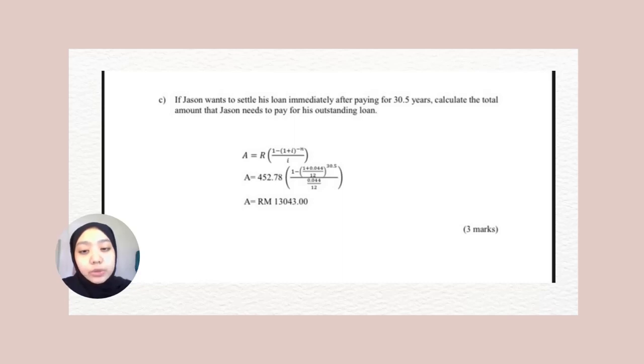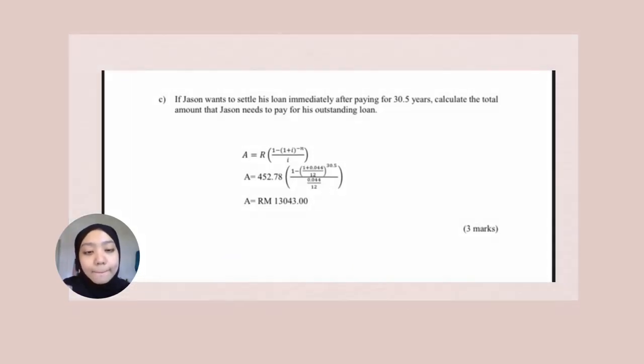So A equivalent to 452.78 ringgit [1 - (1 + 0.044/12)^-30.5]/(0.044/12), and the final rounded answer will be RM13,043.00.